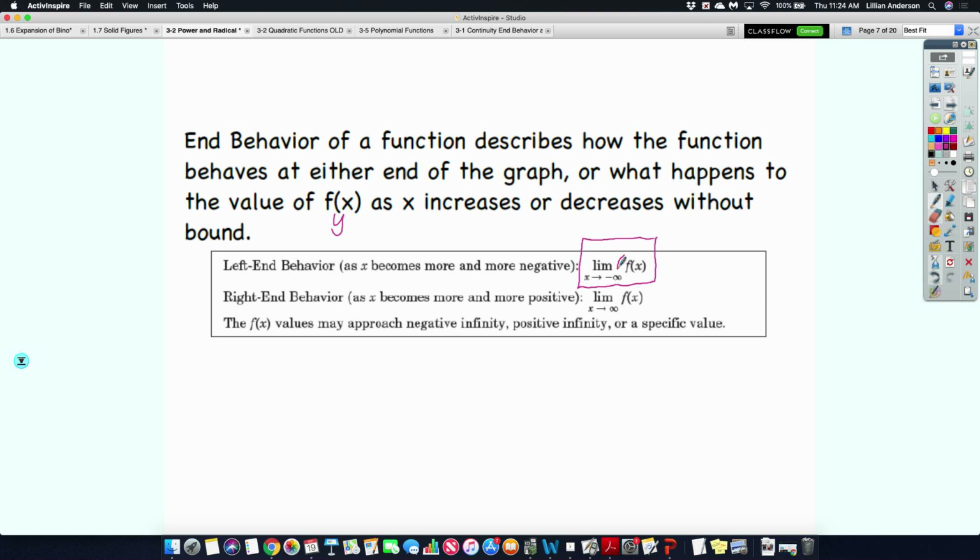Your job is to look at the graph and say, okay, as we approach the end of the graph, as the graph keeps going closer to infinity, either positive or negative, what's happening to y? Is it getting bigger? Is it getting super small? Is it leveling out at a specific number? Questions on that? Any questions?